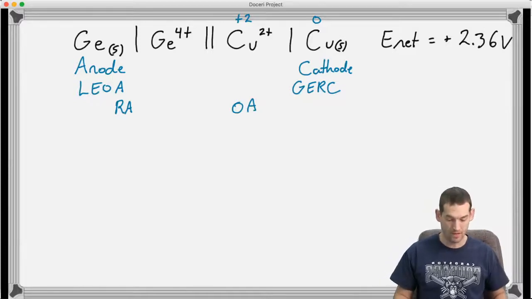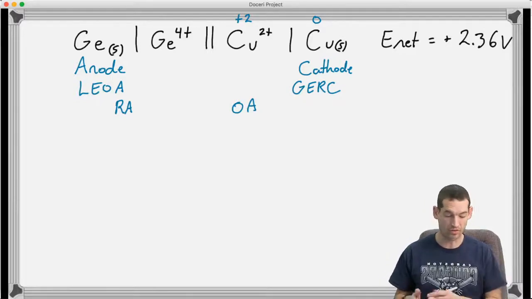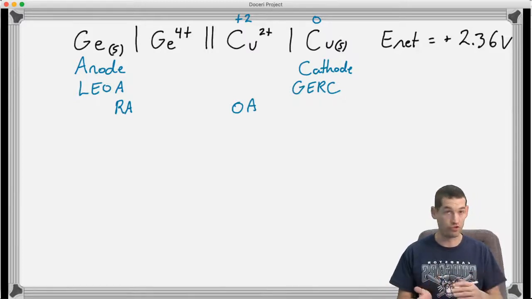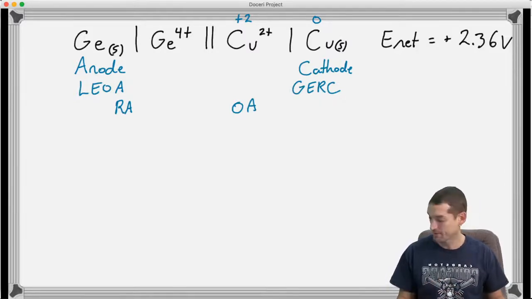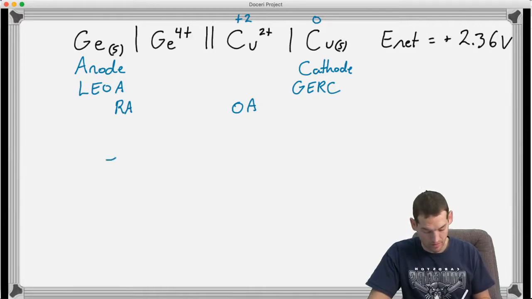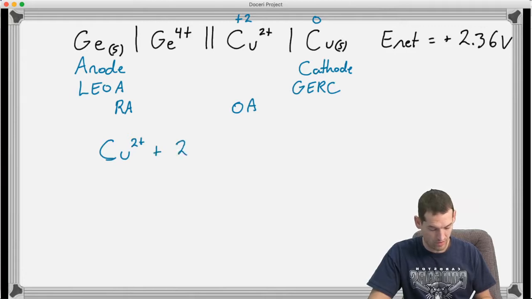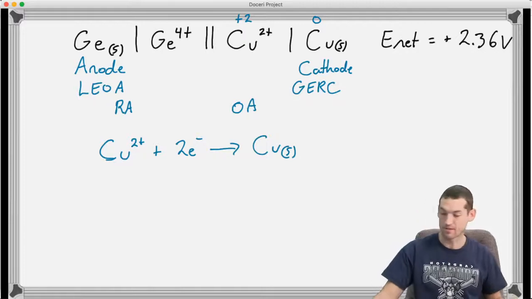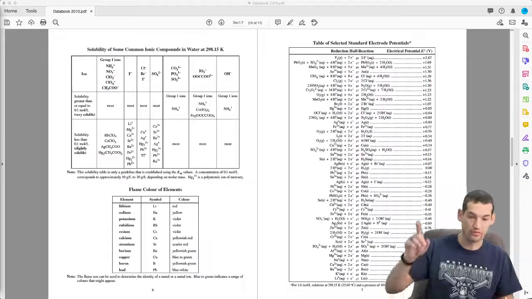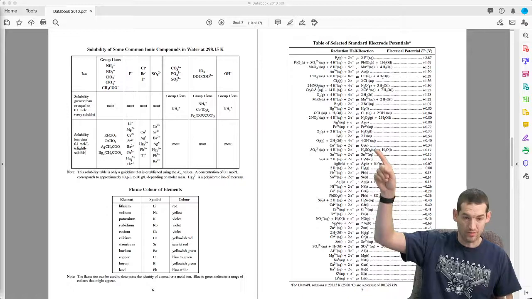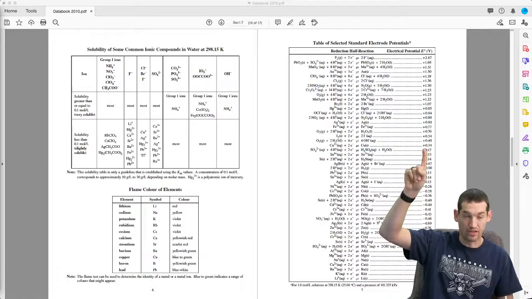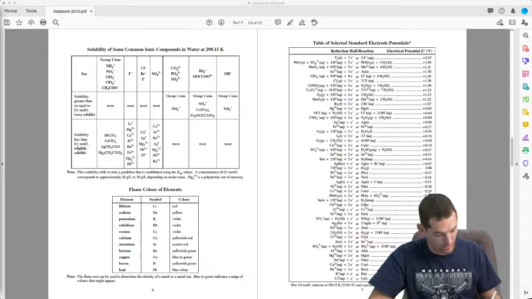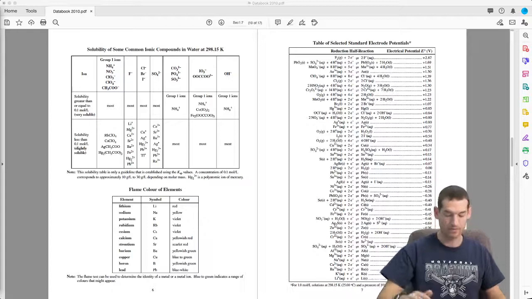Because copper is my OA, I would normally write its half reaction forwards, just like it is in the data booklet. So I would write copper 2 positive plus 2 electrons becomes copper solid. And because I wrote it forwards, just like in the data booklet, I'm going to keep that voltage. So it's a positive 0.34 volts for that half reaction.